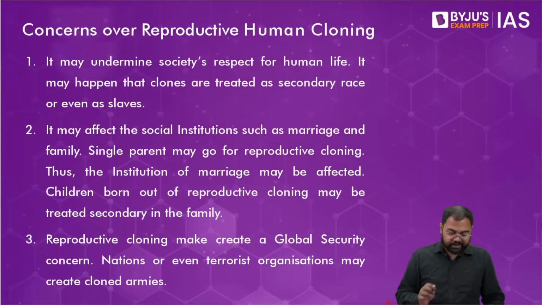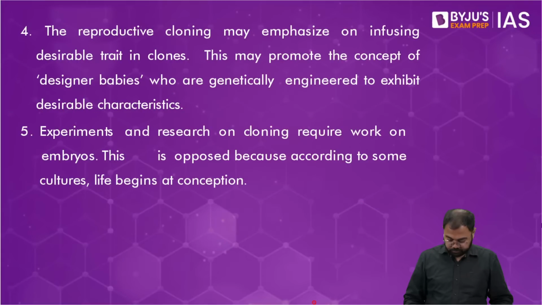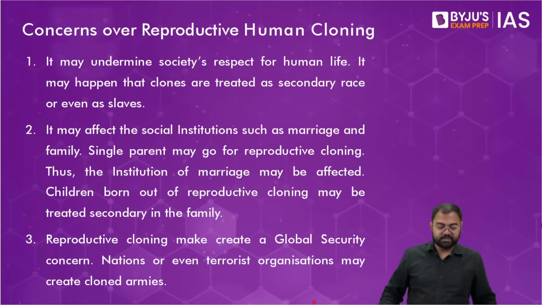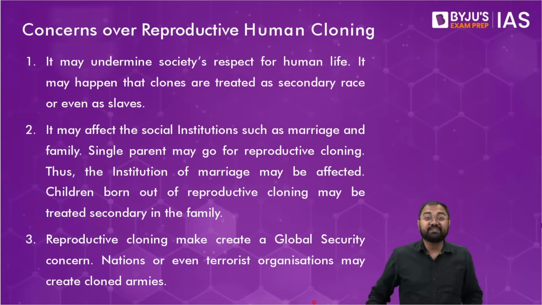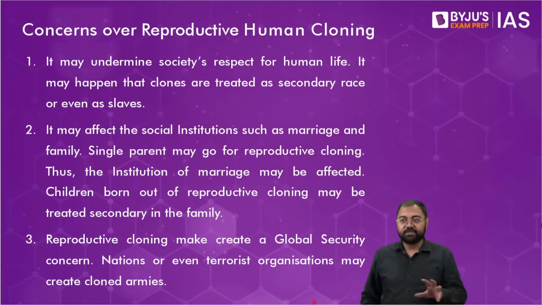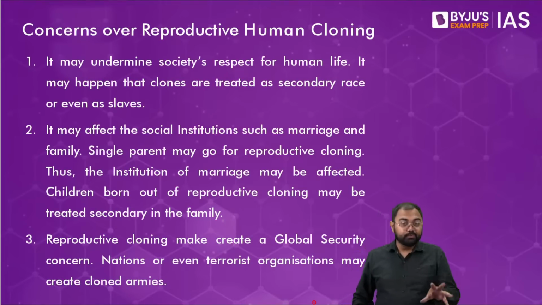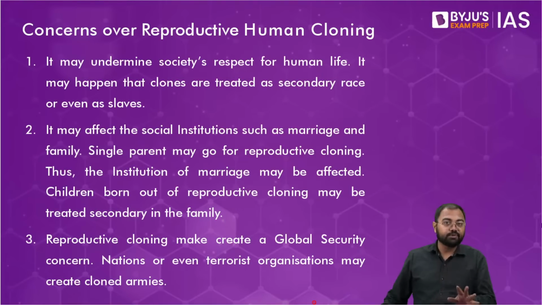Now, one thing that we also need to understand is that there are certain concerns that have been raised with regard to cloning. Cloning as a process is being used in animals, but in humans we haven't allowed the use of cloning.